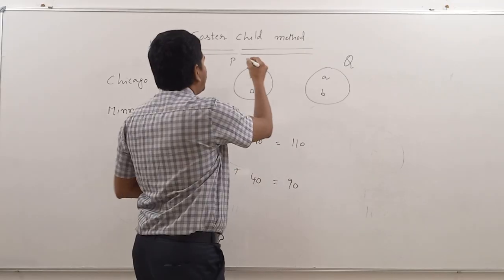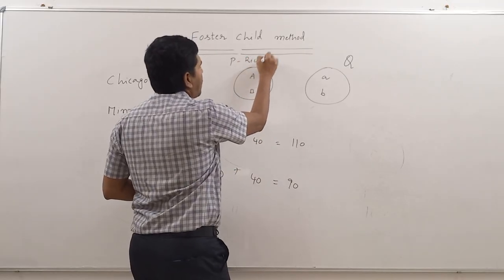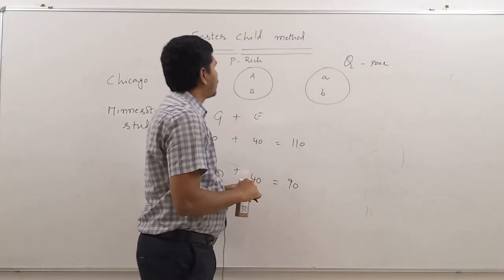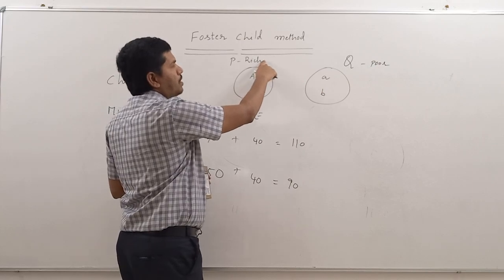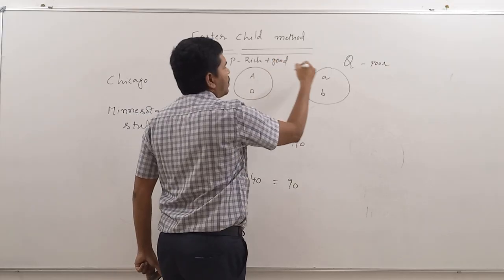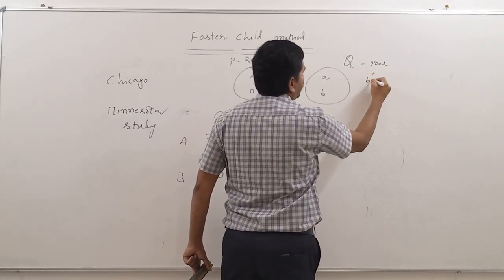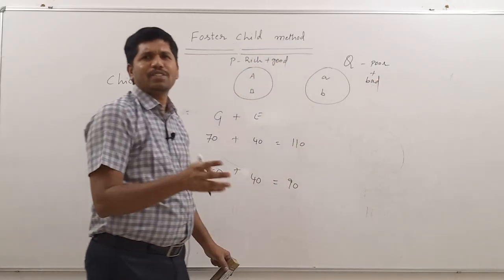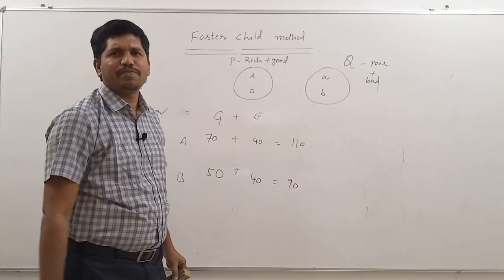Let us assume this is a rich family and this is a poor family in general. Apart from money, they have good home conditions here. Here they have bad home conditions. Broken families, quarrels between husband and wife, like this.